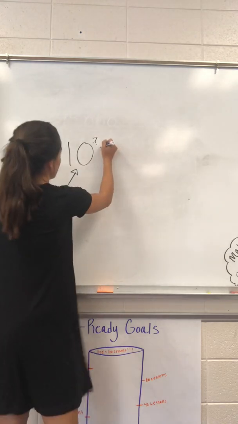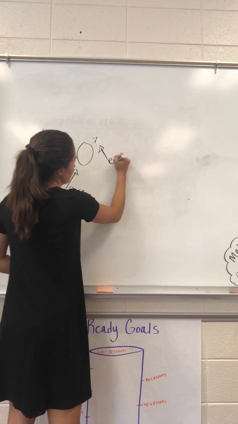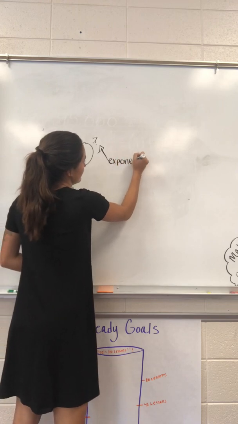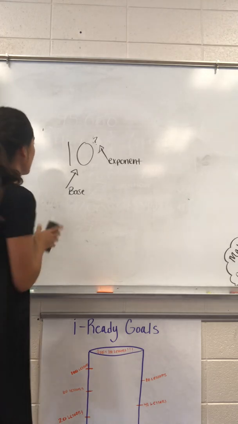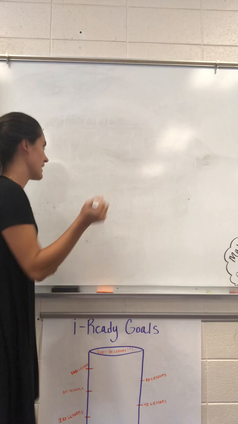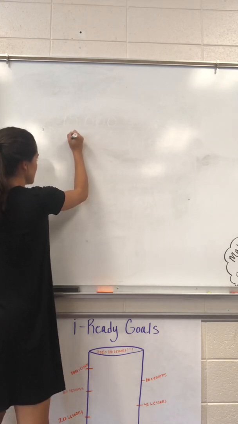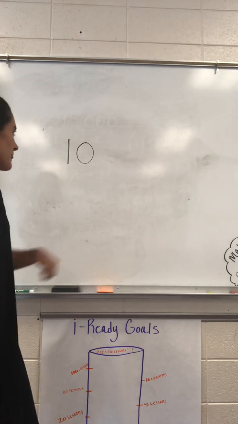This little number on top is called your exponent. So that's what we're going to be talking about today. So we're base 10. Okay, so if I have a 10 as my base, that's what we'll be focusing on today.